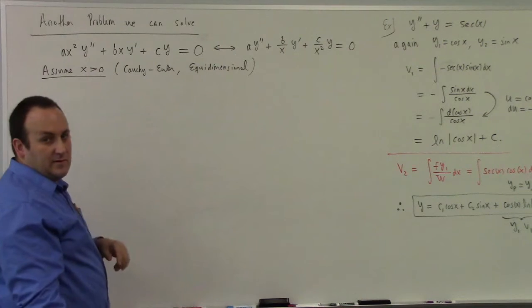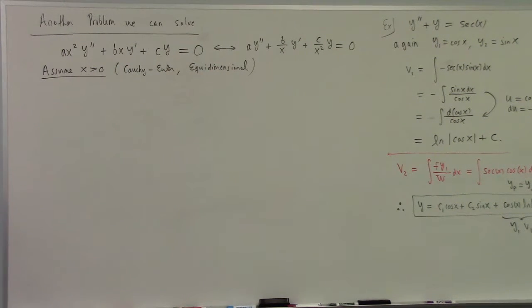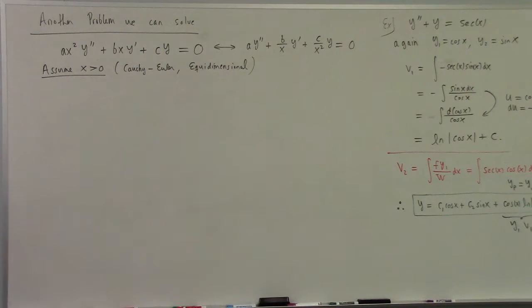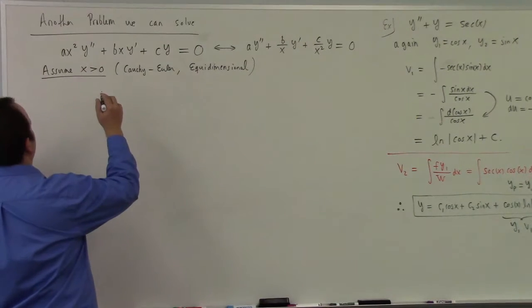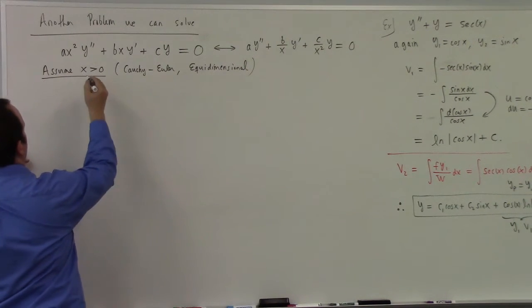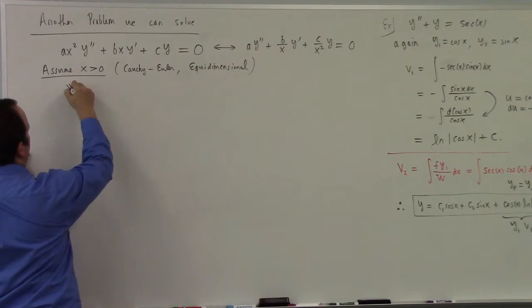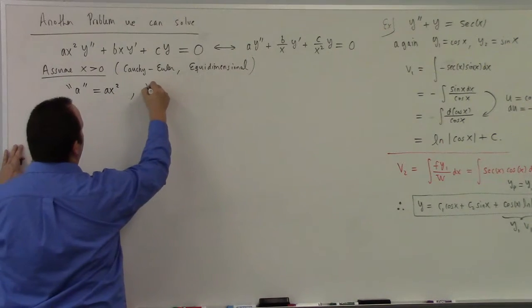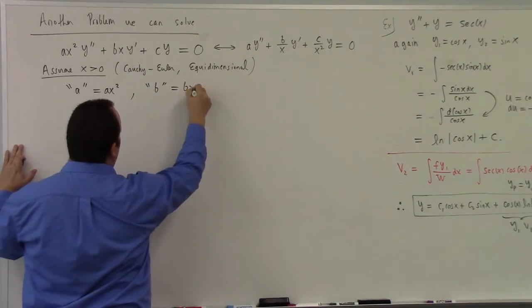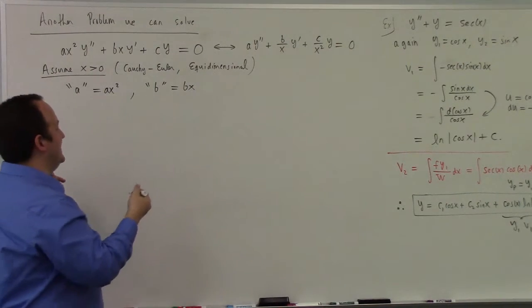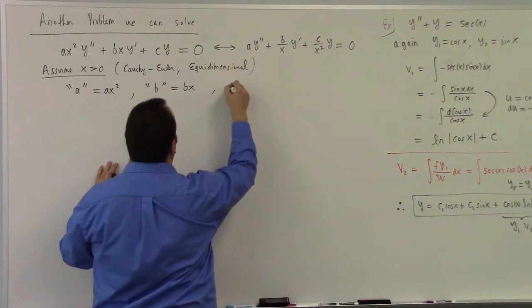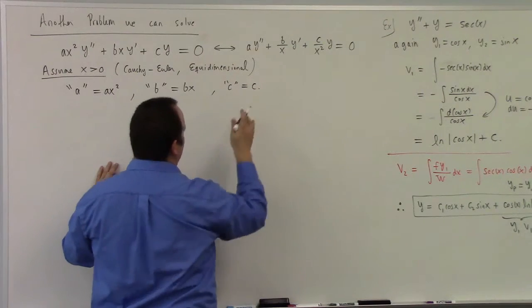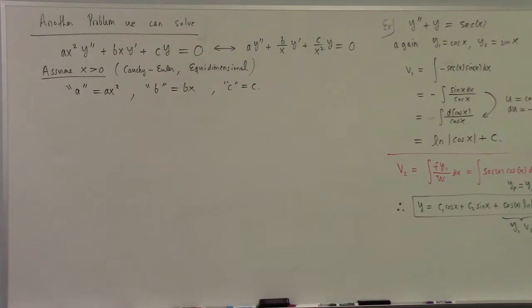Here a, b, and c are constants. Yes. So I would say, let me put some quotes around it, my A of the previous discussion is now a x squared. The B of the previous discussion is in this case b x, and you can say that C is equal to c. So what I'm trying to say is, here's another problem with non-constant coefficients that I actually can show you how to solve.